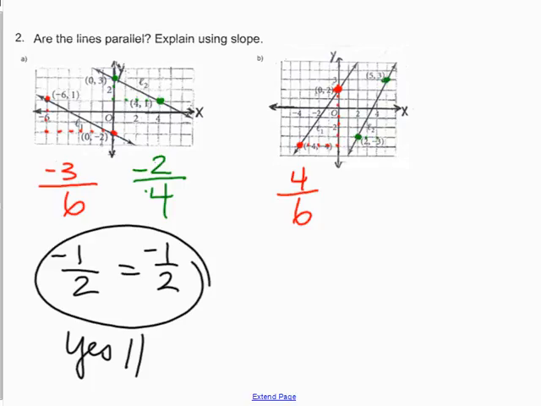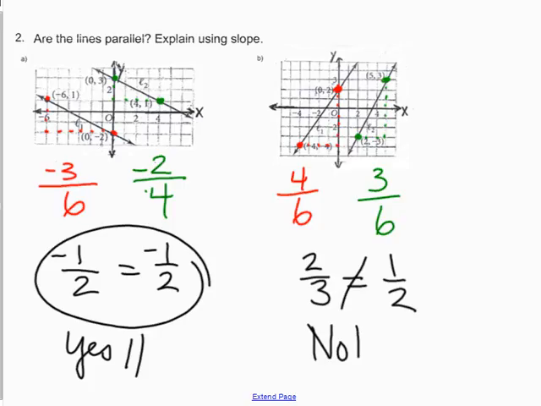This is 1, 2, 3. 1, 2, 3, 4, 5, 6. Okay, so let's reduce them. This can reduce to 2/3, and this can reduce to 1/2. They are not equal, so they are not parallel.